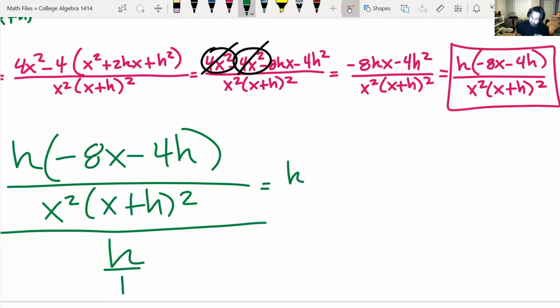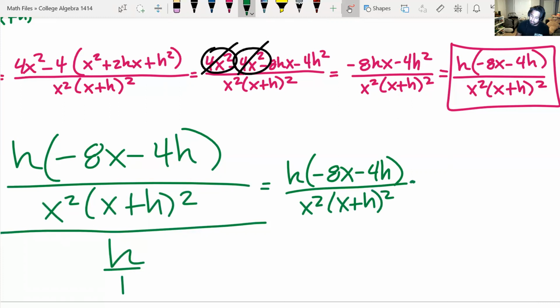So you'll have h times -8x minus 4h over x squared times x plus h squared times 1 over h. We multiply by this one's reciprocal, and this h and that h, gone, gone.